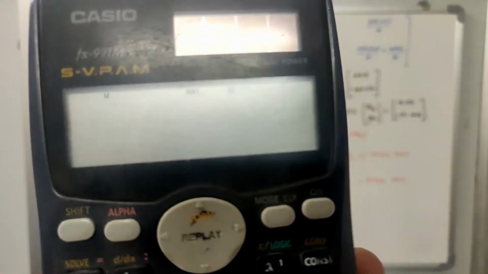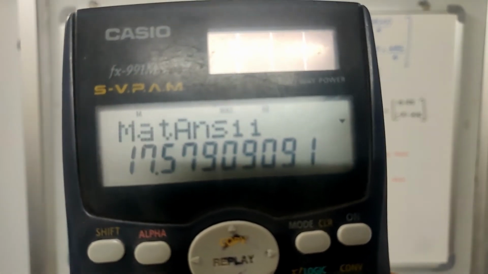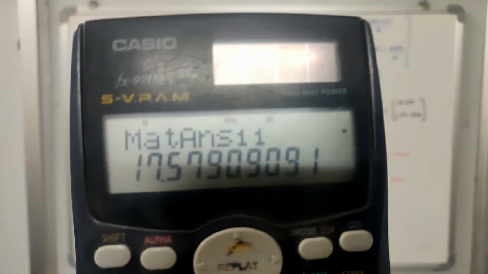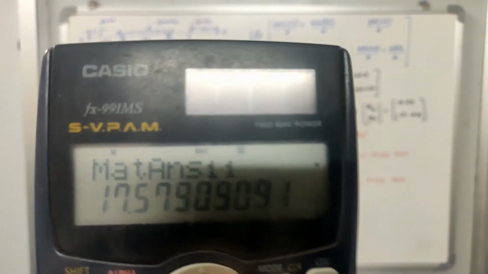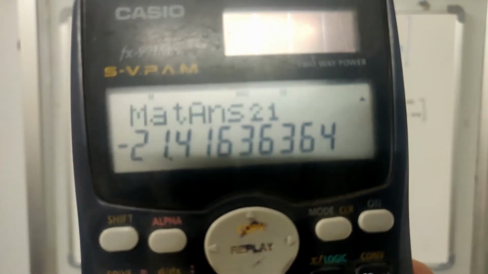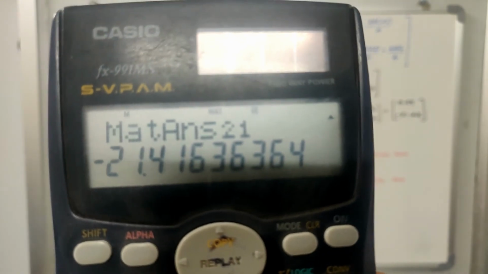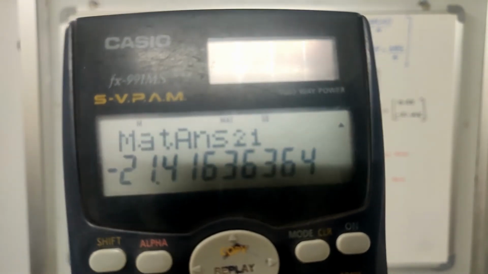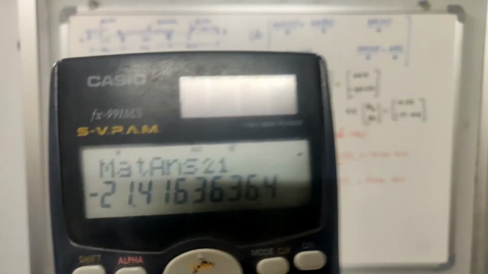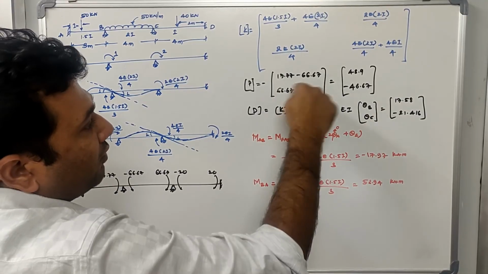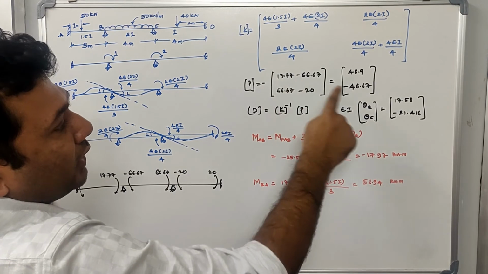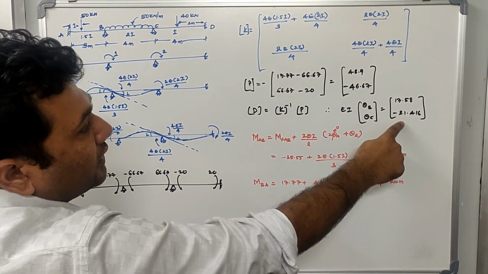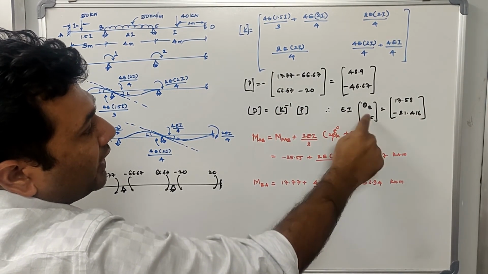Okay, let us click, and you got to know the value of your unknowns, which is EI theta B is 17.58 and EI theta C is minus 21.416. Okay, you try to solve your problems. Now after multiplying the stiffness and force matrix, you will get to know how much are the unknown values EI theta B and EI theta C.